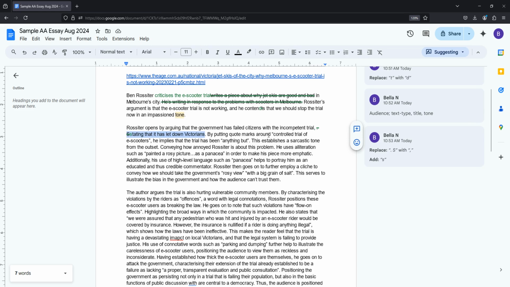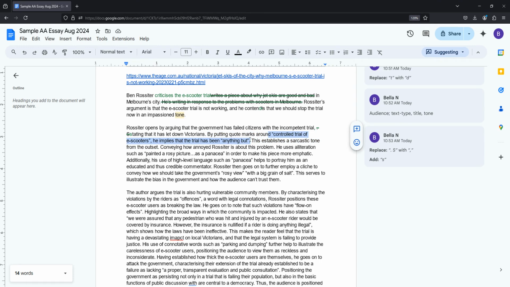By putting quote marks around controlled trial of e-scooters, he implies that the trial has been anything but. This establishes a sarcastic tone from the outset. Okay, so this person's done a good job of finding the persuasive device, and quoting it, but the effect is not particularly strong. So the effect should be one of four things.